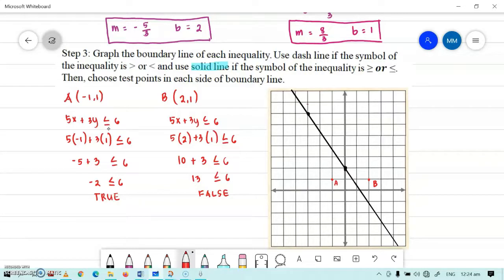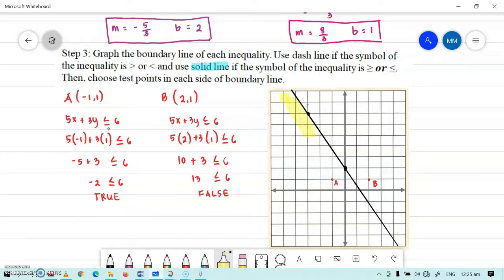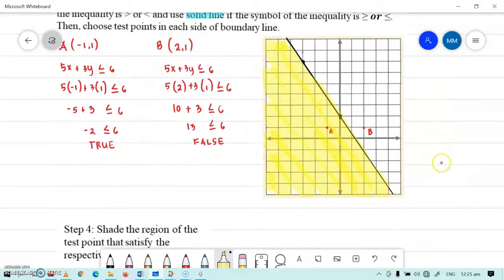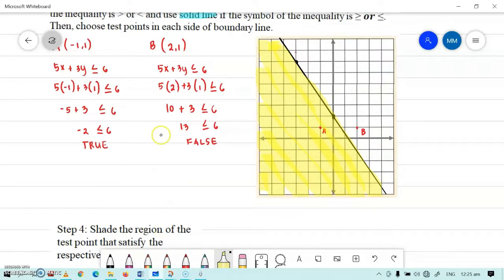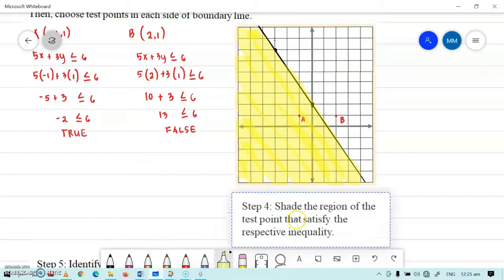So meaning to say, we will shade the side of test point A. Shade the side of test point A. Okay, so that is already step 4, shading the region of the test point that satisfies the respective inequality.